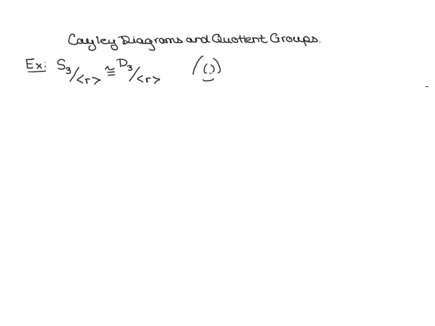Kind of have this internal and external diagram. But when we write the Cayley diagram for quotient groups, what we want to do is organize the diagram according to the subgroup that we're modding out by. So we want to organize it in this case by R, the normal subgroup.